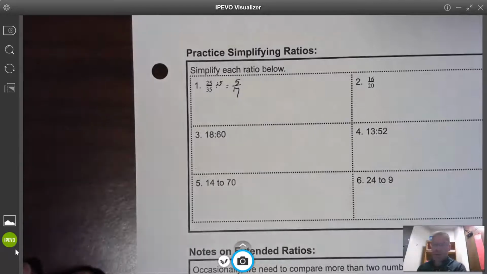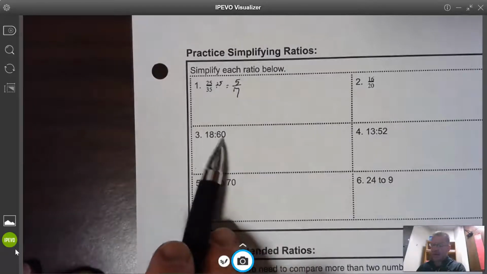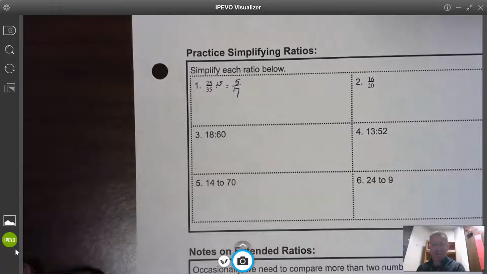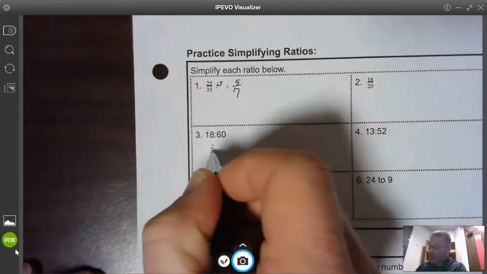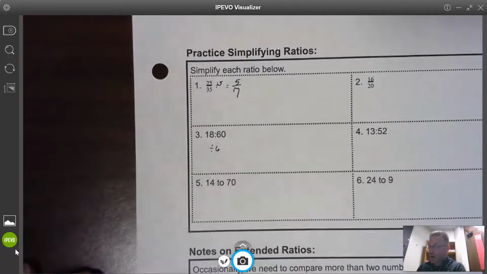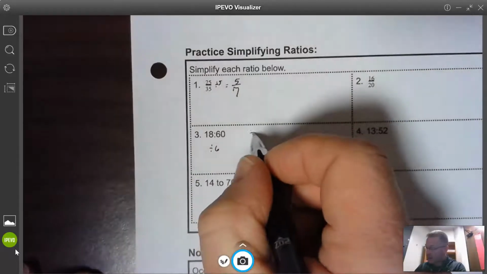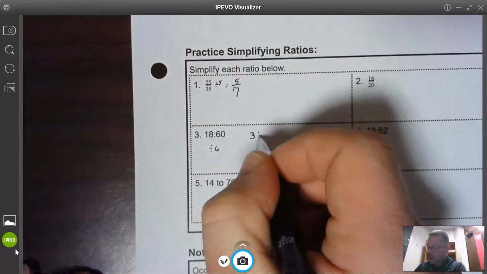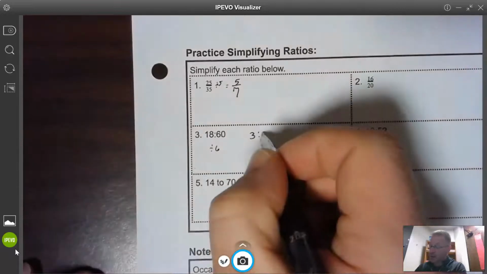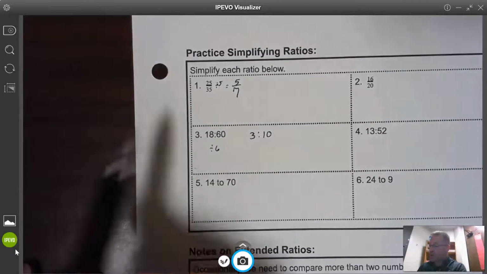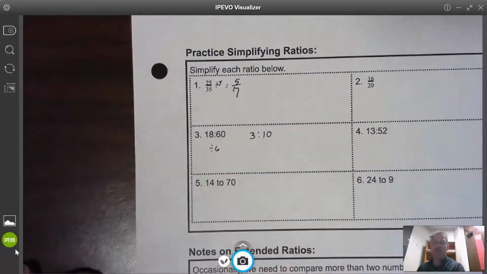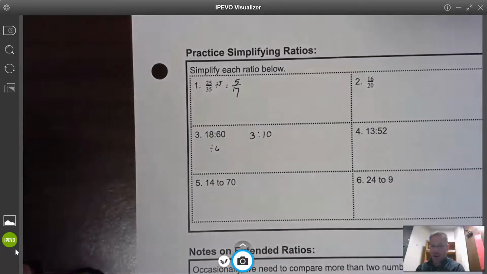All right, so when I look at 18 to 60, my GCF would be 6. So I want to divide both numbers by 6. 18 divided by 6 is 3, and then we're going to use our colon here, and then 60 divided by 6 is 10. And notice in both of these, the way we know it's simplified is that the only common factor is 1. So that's how you tell.